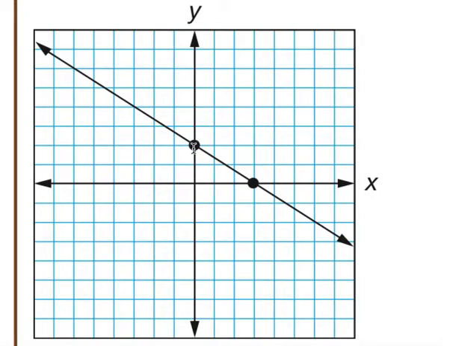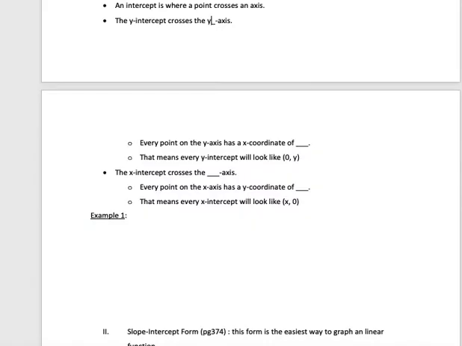And how about that point? My x-coordinate is 0. So on every point on my y-axis, x is equal to 0. Going back to my notes, let's type that in, 0. That means every y-intercept will look like 0, comma, a number, your y number.